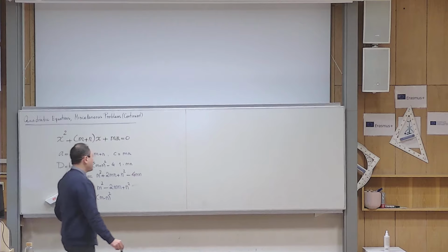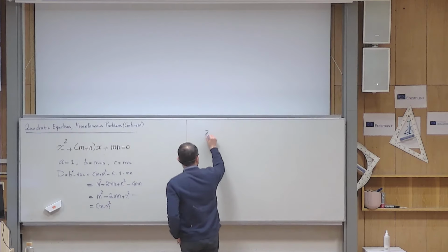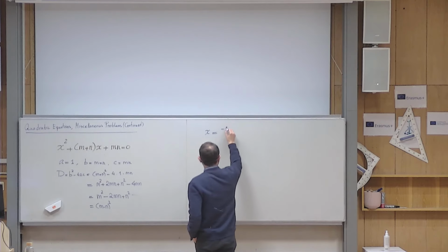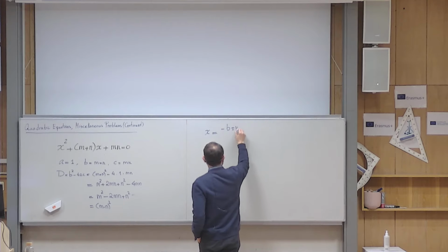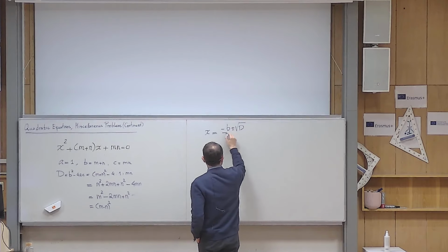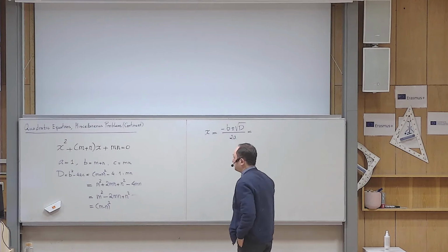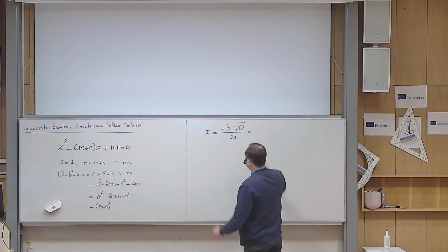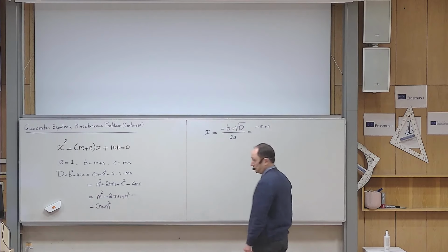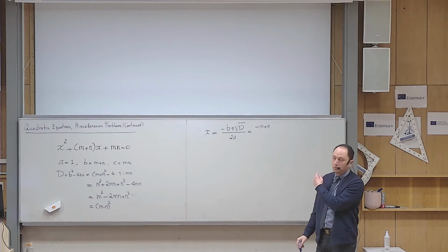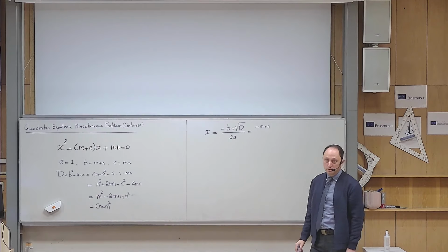Why? Because of the formula that I have, I hope that you have it in your memory now: minus b plus or minus the square root of d, over 2a. But what is minus b? Be careful. Minus the whole b. If you write it like this, that is not correct, because this means that you are putting the minus sign only for m.